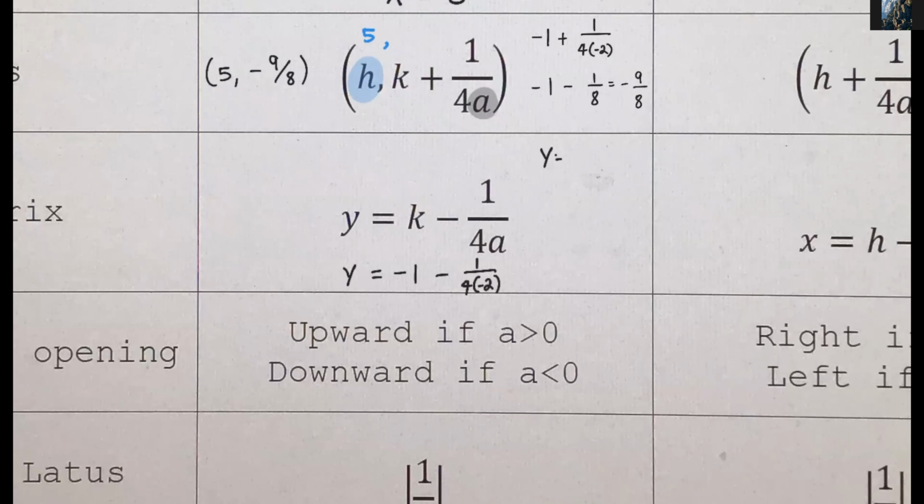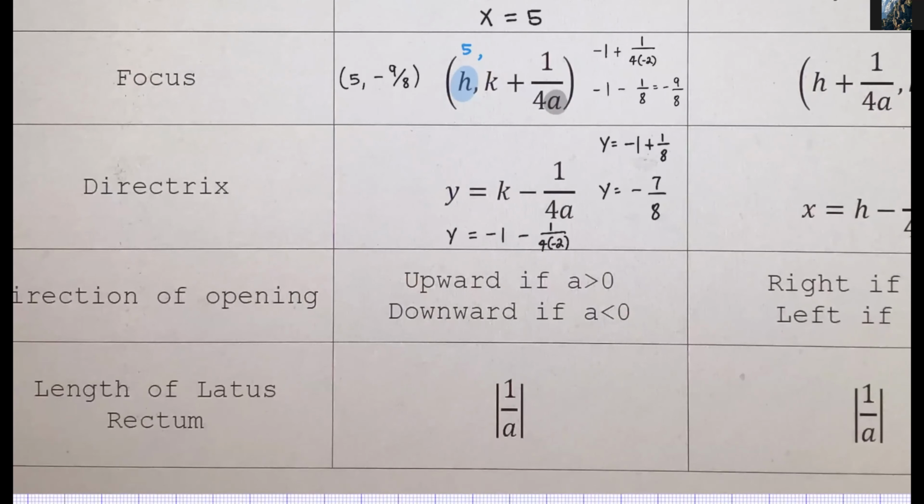So I have that y will be -1 + 1/8. So I solve this and I have that y will be -7/8. I have my directrix ready.